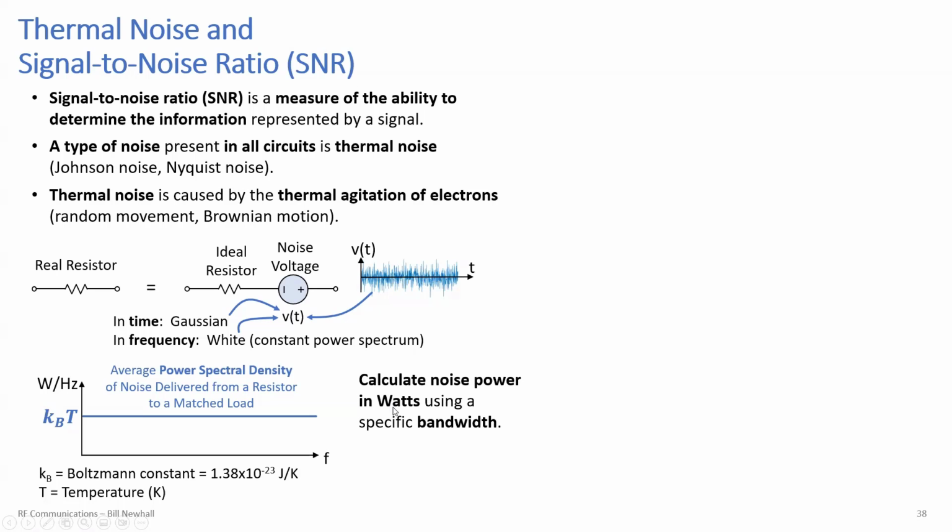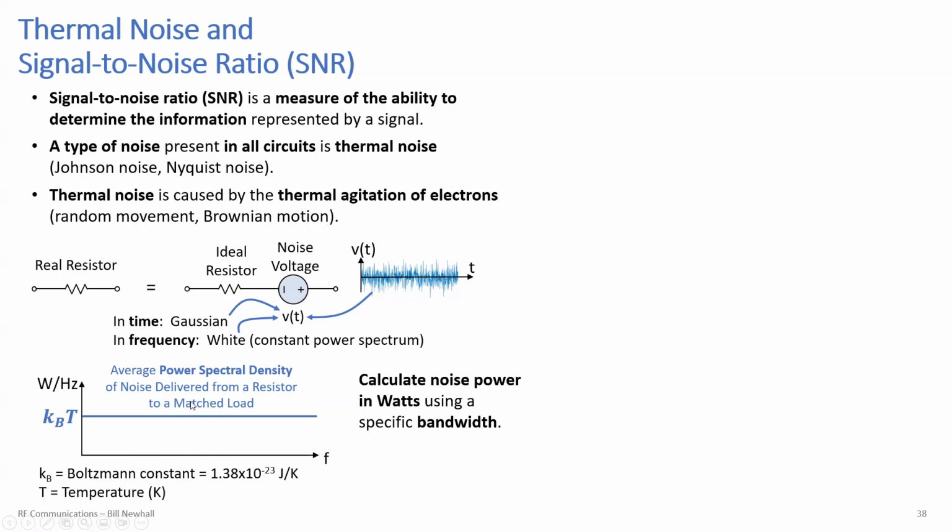So we calculate the noise power in watts using a specific bandwidth. You notice that this is watts per hertz. Well, what if I just want watts? I want to know the noise power, not power spectral density. Every practical receiver has some bandwidth. It has some filter.